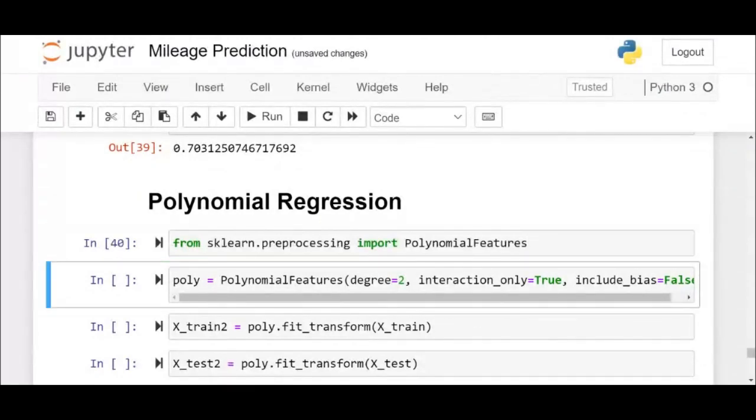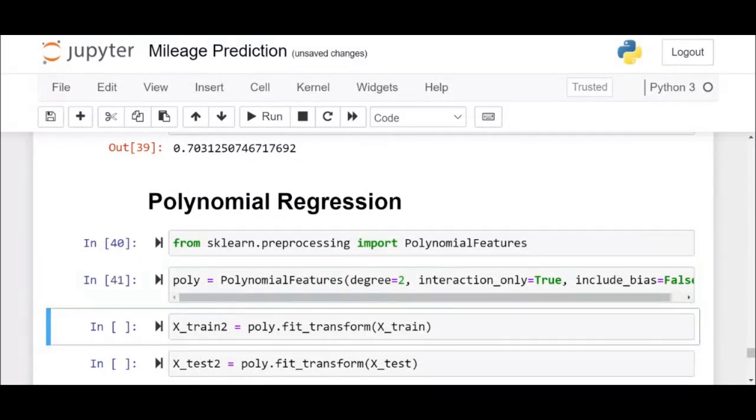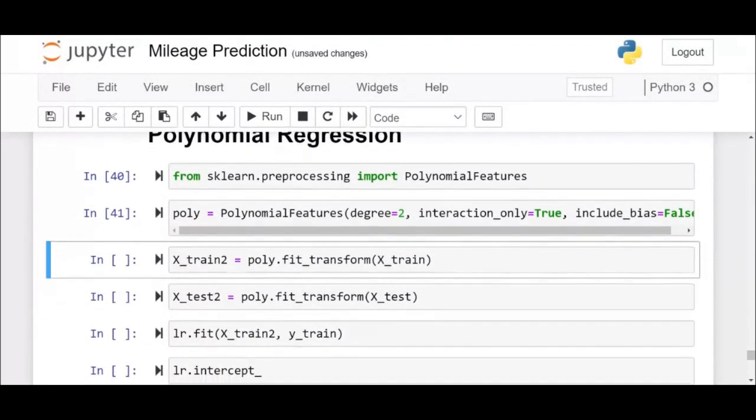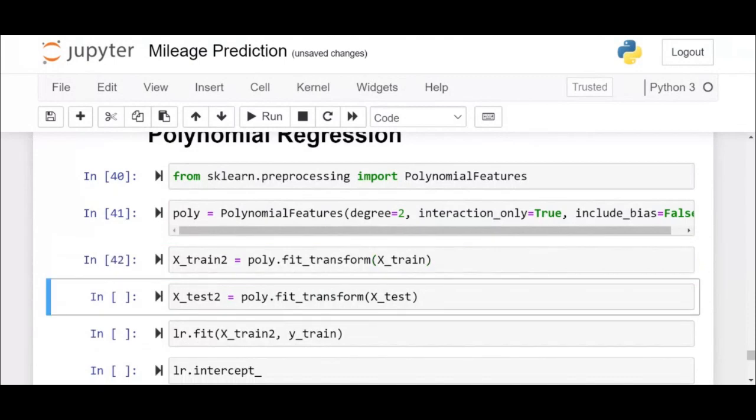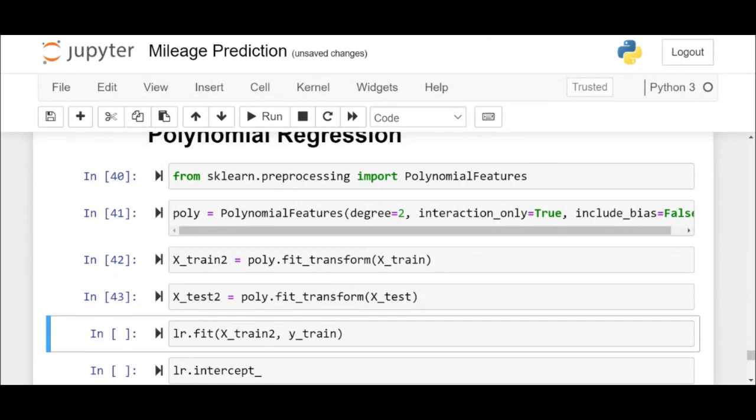We run it and set degree 2. Then we fit and transform, the function is the same, on the x train data and on the x test data, separately. So we have converted them.